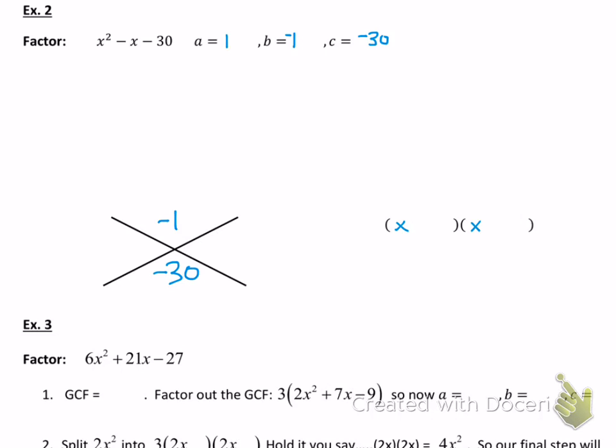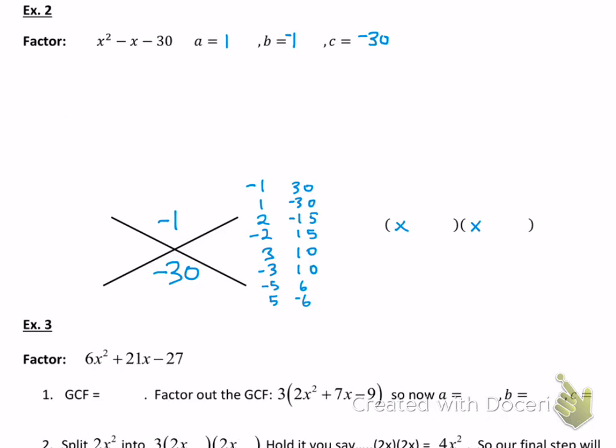So let's list out all the factors that I know will give me a negative 30. Here's a list of all the factor pairs that give me negative 30. So negative 1 times 30 gives me negative 30. 1 times negative 30. So these are all the possibilities that give me a product of negative 30, but only one of these, if I add the pair, gives me a negative 1.